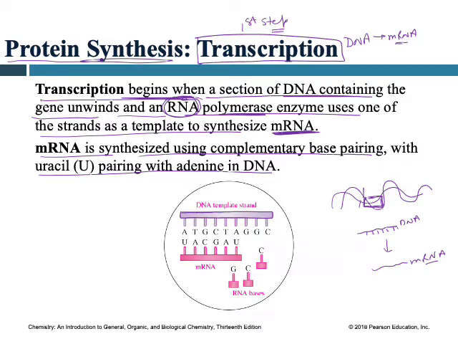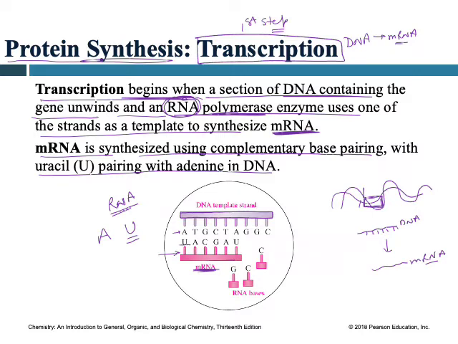The double helix opens up, exposing all the bases, and then RNA polymerase starts copying this information from here. If DNA is A, then mRNA will have U. If you remember, RNA cannot have thymine, so A always binds with U in RNA. So make sure you know this difference. If it was DNA, it would be T, but we are talking about mRNA, so it should be U. Thymine with adenine, guanine with cytosine, so you will see complementary base pairing in mRNA.